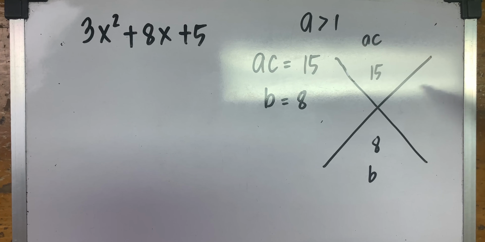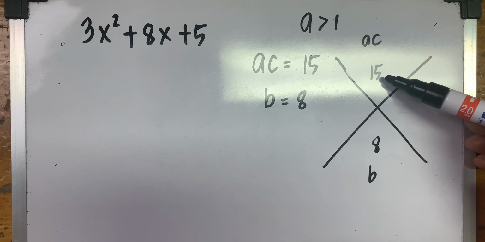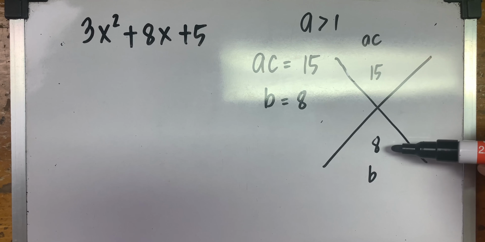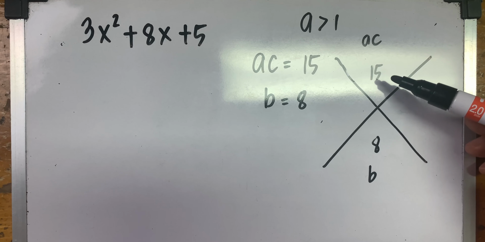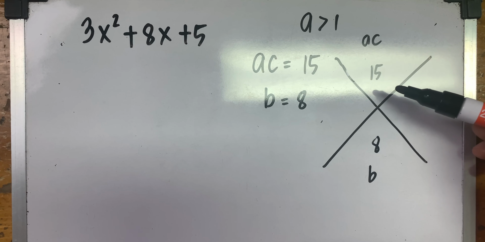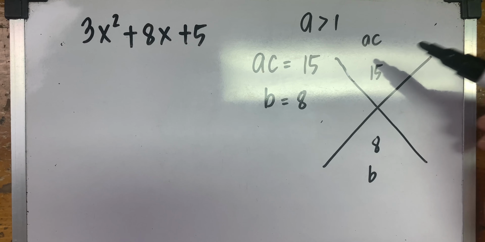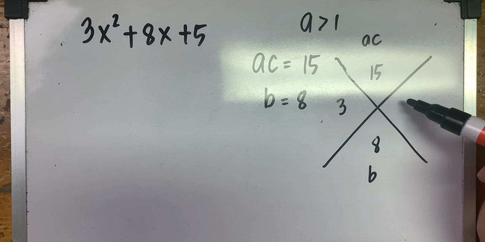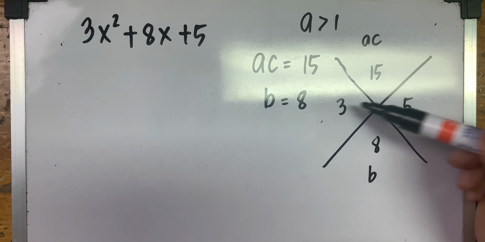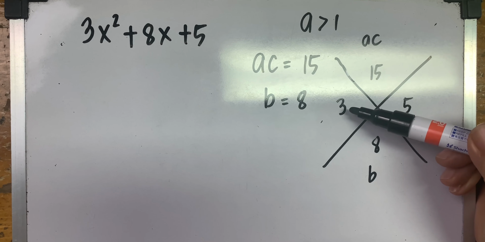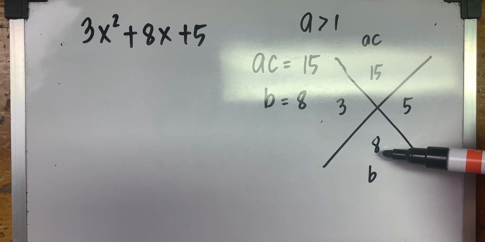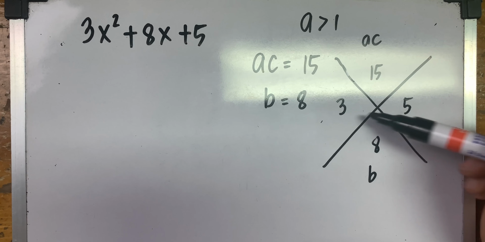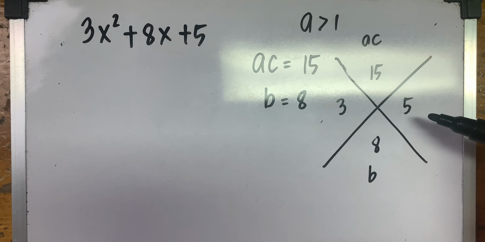So therefore, we have to find the factors of 15 that will give us the sum of 8. In this case, it's both positive, so we'll find two positive numbers. So factors of 15 are 3 and 5. 3 times 5 gives us 15. 3 plus 5 will give us 8. So therefore, these are the numbers that we're looking for.